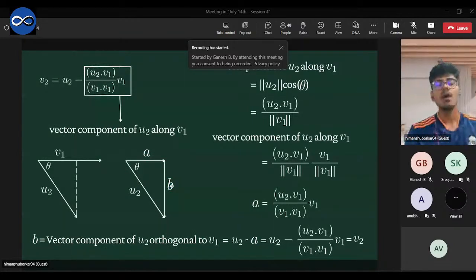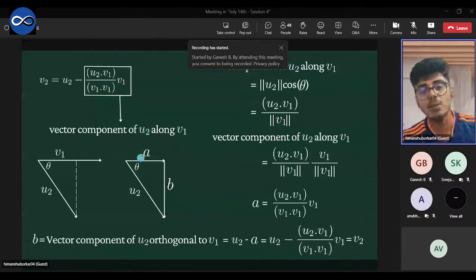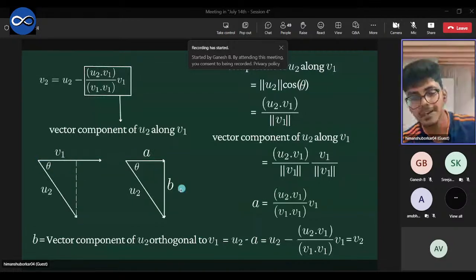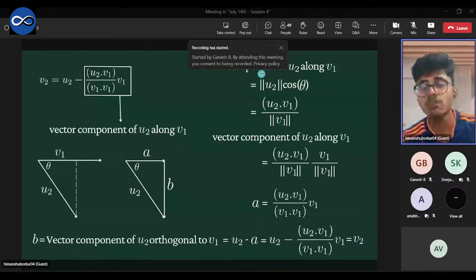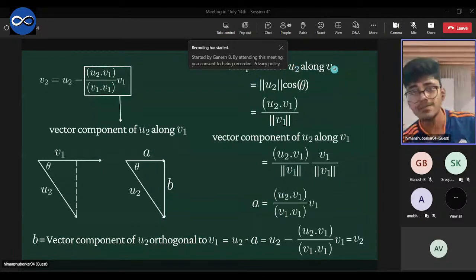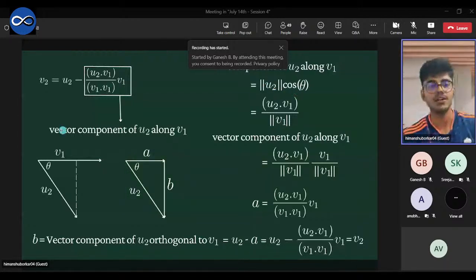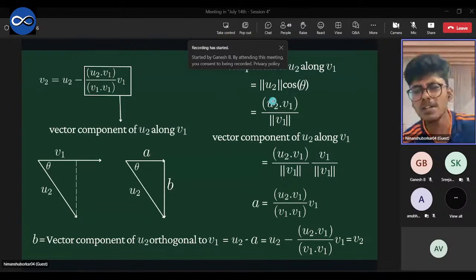What I want to do is get rid of this parallel component because it's parallel to V1. I don't want that. I want something which is perpendicular to V1, and that is B. I want to deduce this B. So I'll take the component of U2 along V1, which is A. That is the norm of U2 times cos theta, which is just basic vector manipulation. Then that is U2 dot V1 by the norm of V1.